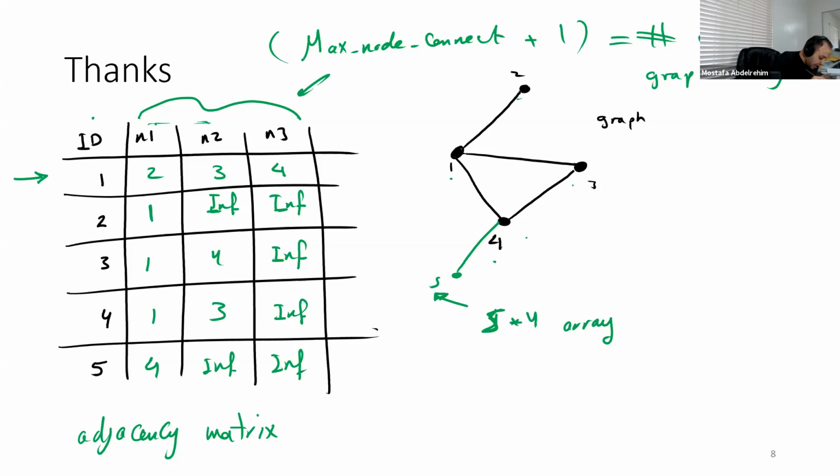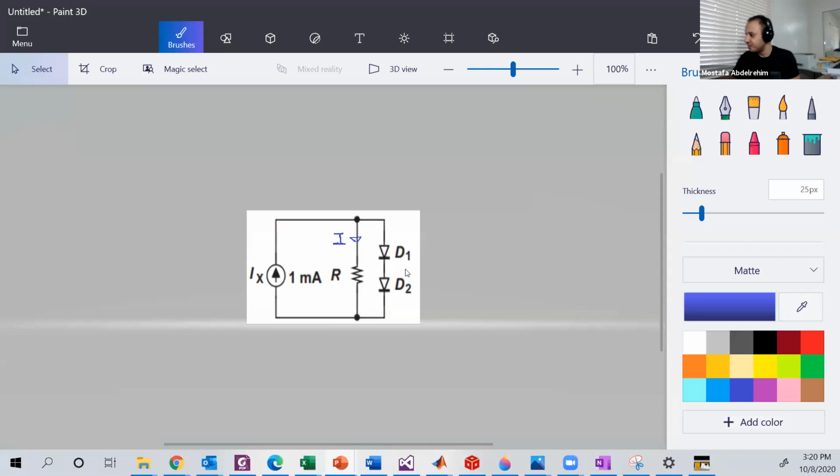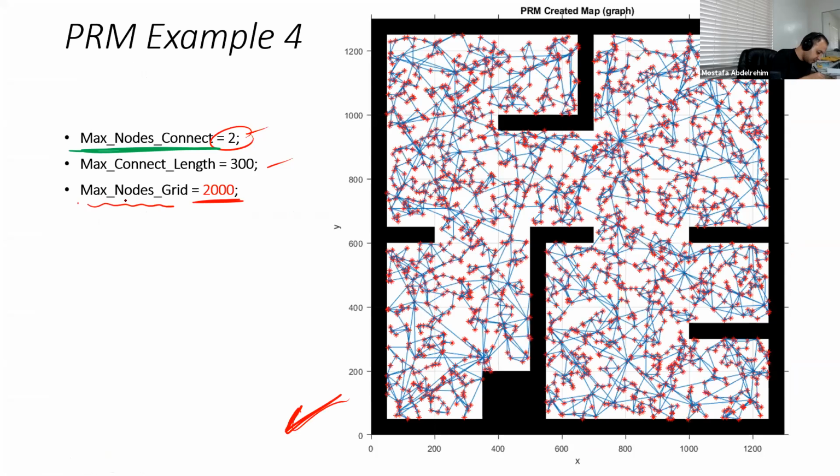And how many rows do we need? The rows we need is actually equal to the number of nodes in the graph, which in that case, for example, is 2000.